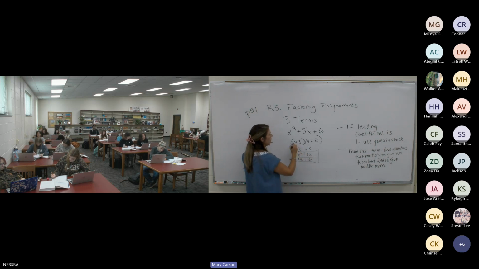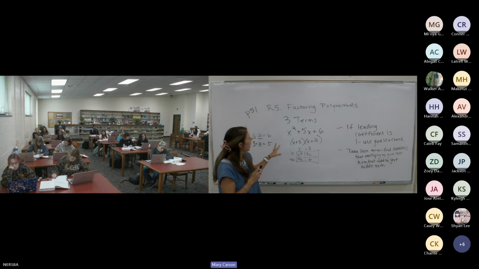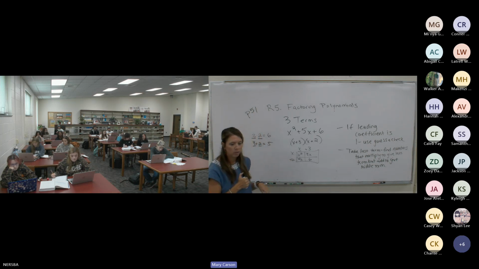Or you could do your FOIL, x times x is x squared, 2x, 3x, 6. Okay? So this is easy with the guess and check method. It's easy when this number is 1. If there's a number here, you're not going to be able to do this. You're going to have to do something else, grouping or reverse box.